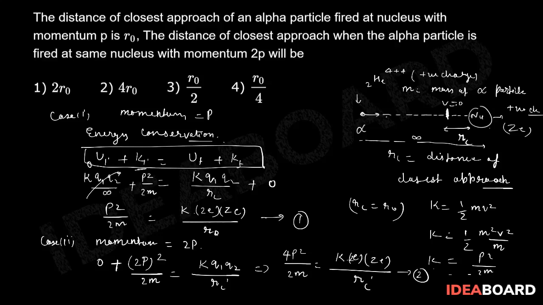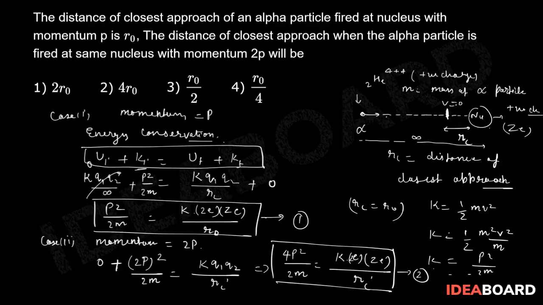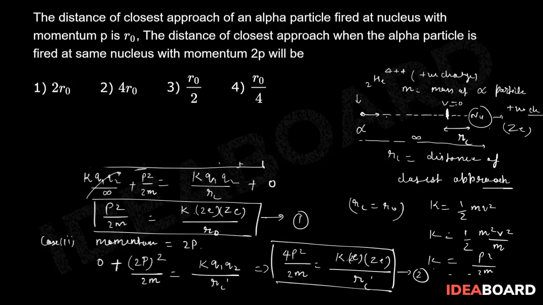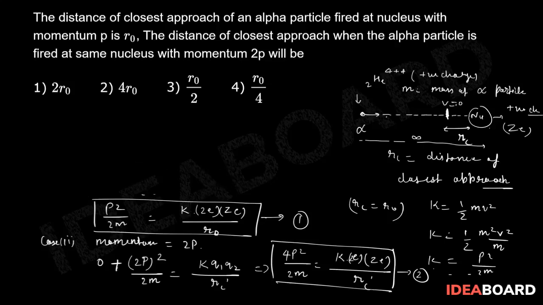So finally we observe that equation number 1 is ready and equation number 2 is ready to give us the final solution. What I have to do is divide. If you divide equation number 1 by 2, what do I get?